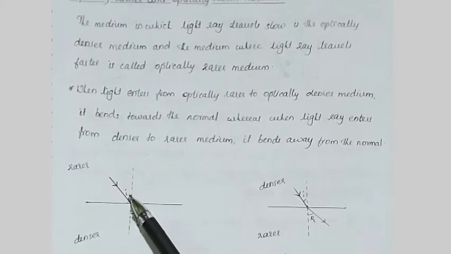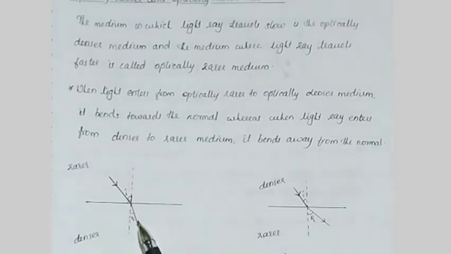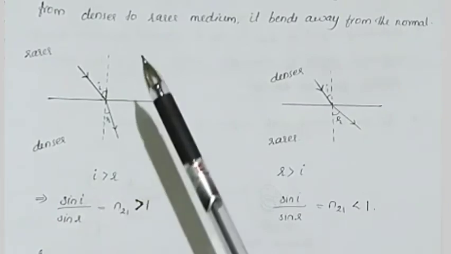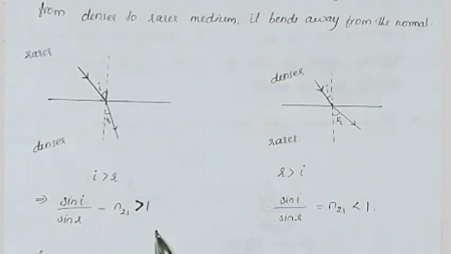Therefore, the angle of incidence will be greater than the angle of refraction, and so sin i by sin r will be greater than 1. That is, the refractive index of the second medium with respect to the first will be greater than 1.